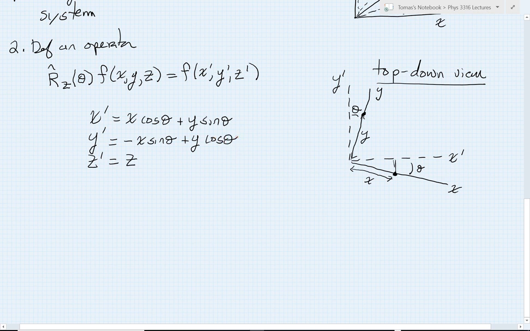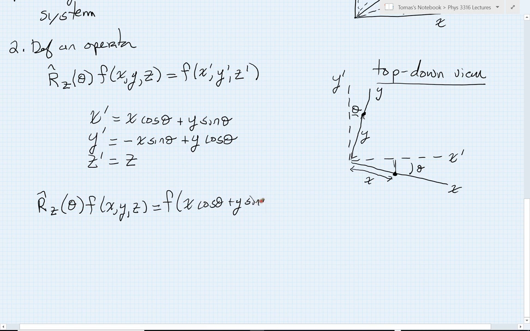So therefore, now that I know what things look like in these new coordinates, I know what the action of my operator is. The rotation operator of an angle theta about the z-axis, acting on my original function f of x, y, and z, gives me the same function but evaluated at a new point, which is x cosine theta plus y sine theta.